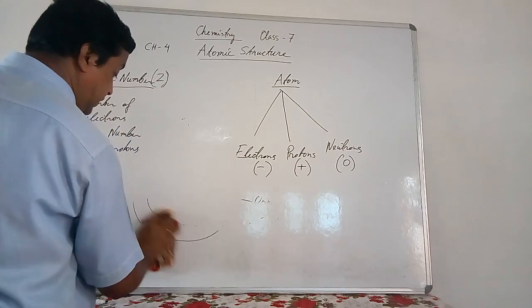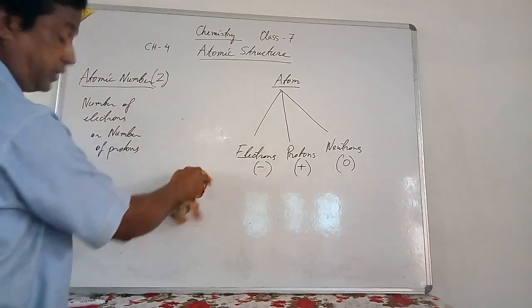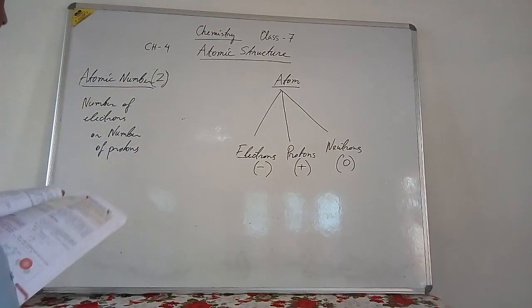So atomic number is the number of electrons or the number of protons.